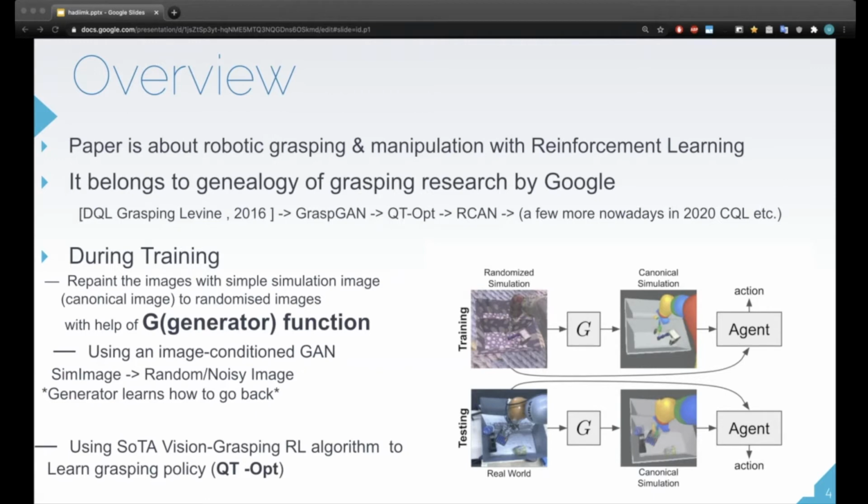For this work, the overview, the main idea, is that we have a simulation that is called the canonical simulation. These are the ground truth labels, and we are teaching a generator to learn the simulation images from these randomized images.